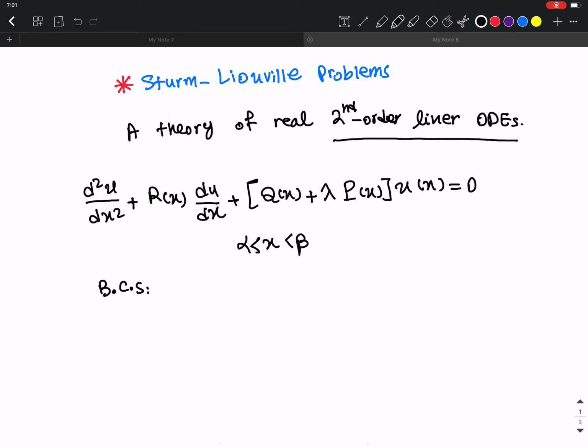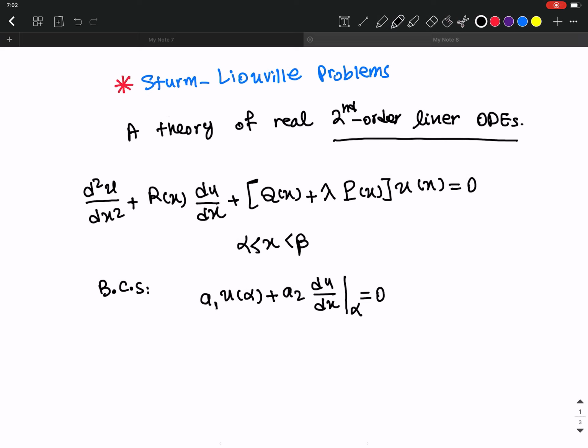In order to give a general boundary condition, I'm going to use a third type boundary condition that we discussed. So we had Dirichlet, which was the first type. We had Neumann, which was the second type. And then the third type, which was the combination of two. So at x equals alpha, I can write A1 times u(alpha) plus A2 times du over dx, which is a Neumann boundary, at alpha equals 0.